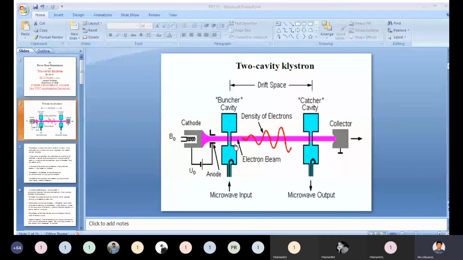So this is the basic function, or the operation, of the two cavity resonator.